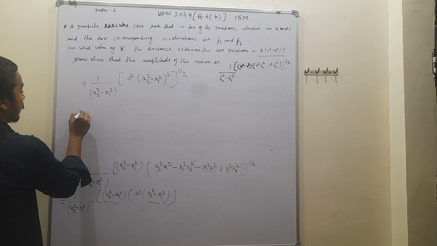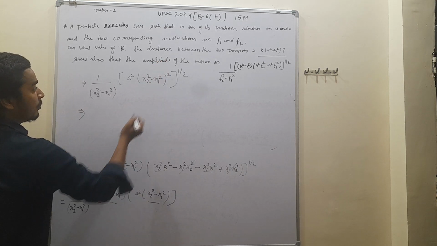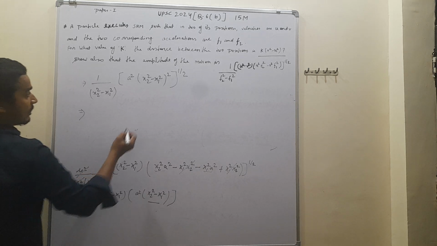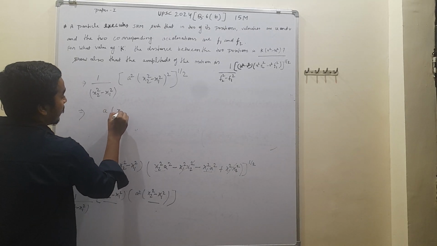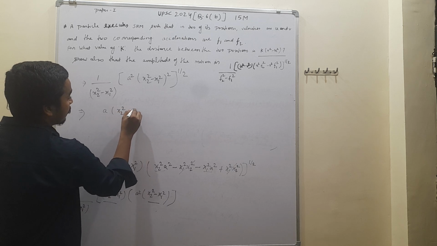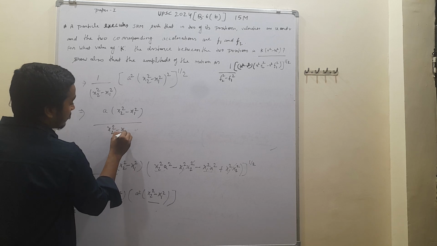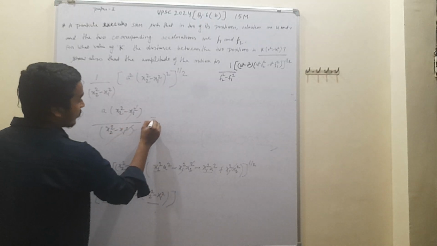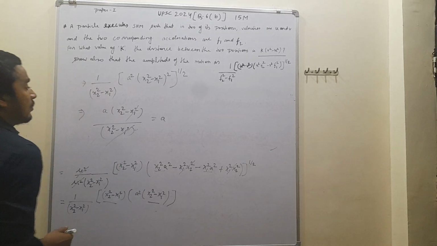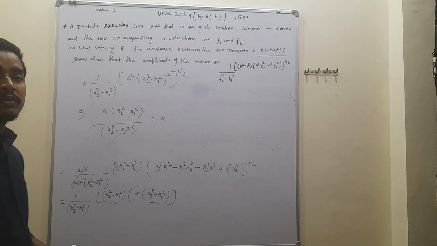When we remove 1 by 2, that is root, under root, that is a (x2 square minus x1 square) upon (x2 square minus x1 square). This cancels out, that is equal to the amplitude of the simple harmonic motion. This is the required solution. Thank you class.